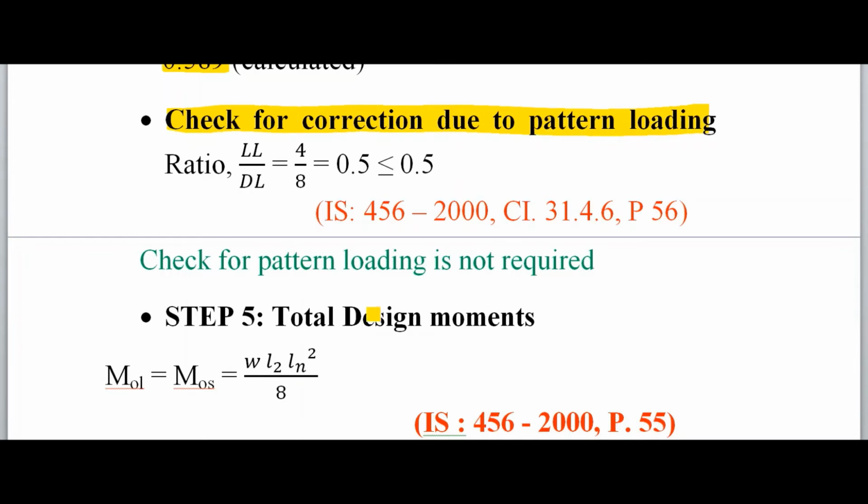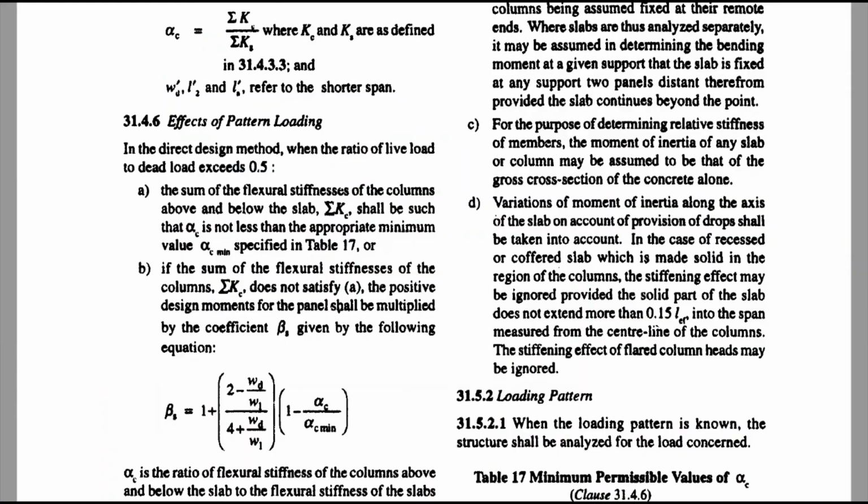We have to check pattern loading, the ratio of live load to dead load. For pattern loading, first of all we go to IS 456 2000, clause number 31.4.6, page number 56. Let's check. Here, IS 456 2000, page 56, clause 31.4.6, effect of pattern loading. The clause says that in the direct design method, when the ratio of live load to dead load exceeds 0.5, then we have to do the effect of pattern loading and calculate the correction.